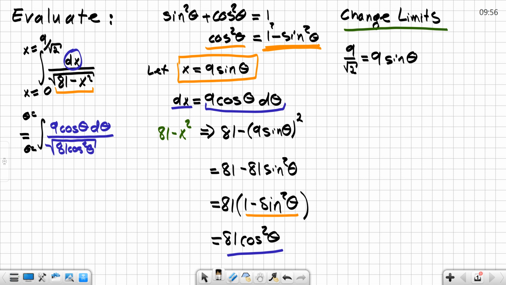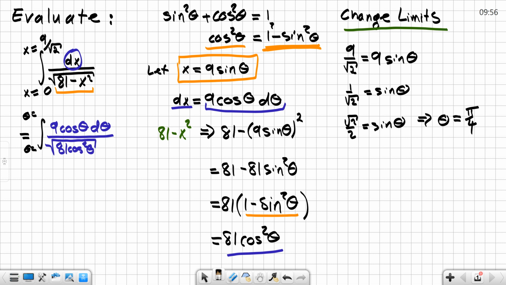Dividing both sides by 9, we get 1 over the square root of 2 is sine theta. And 1 over the square root of 2 is nothing else but the square root of 2 over 2. And that means that the upper limit is whichever theta produces square root of 2 over 2. That is our good old friend pi over 4.